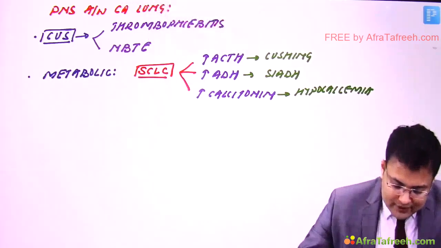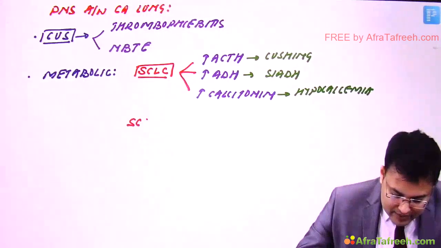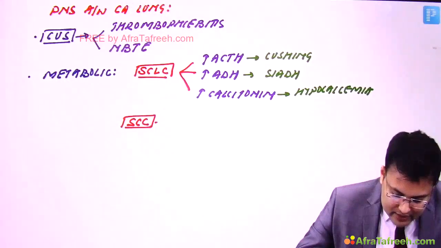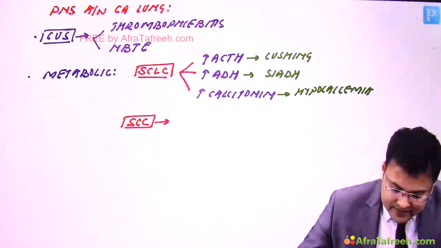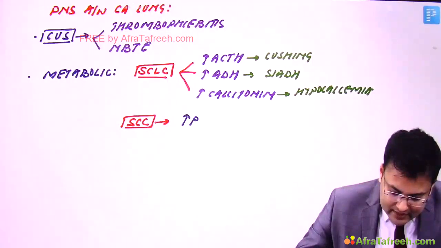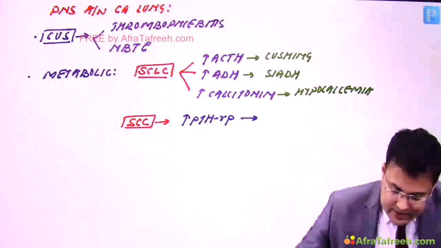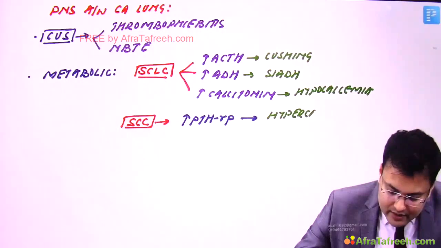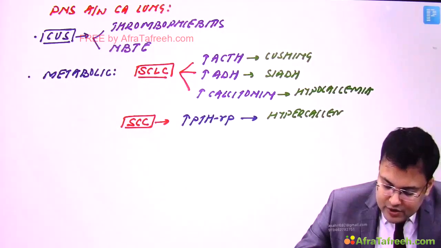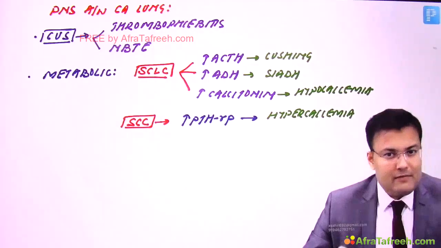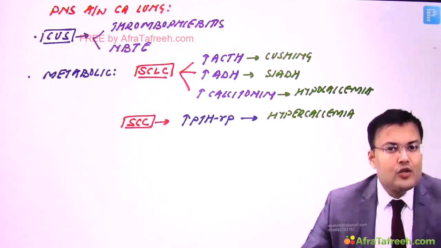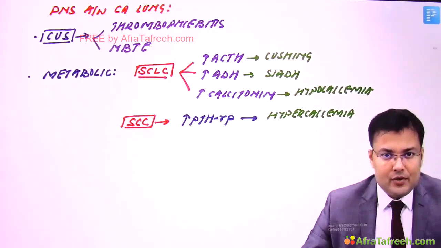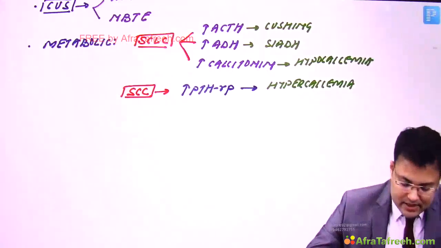So if the patient is having squamous cell carcinoma, it is going to secrete parathyroid hormone related peptide, and because of this the patients are going to develop hypercalcemia. So what is the most common type of carcinoma lung associated with hypercalcemia? Squamous cell carcinoma.